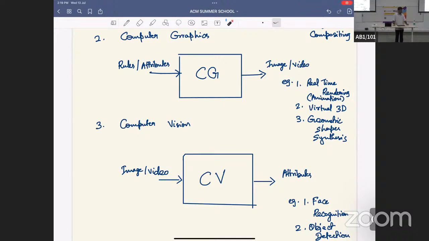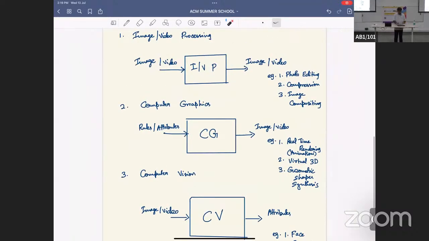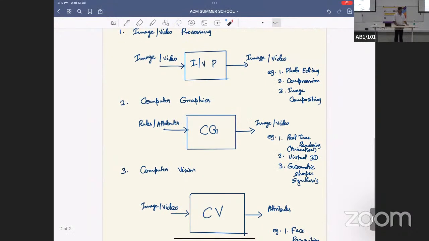One is the inference task, where recognition is one of the tasks. Or you could also do synthesis tasks, generative tasks. The inference task is the classical computer vision problem. The generative task would involve some kind of graphics. So the fields are a bit blurred after deep learning came. Even the generative tasks, people call computer vision. But in the traditional sense, this is how these look. Okay, everyone clear with this?